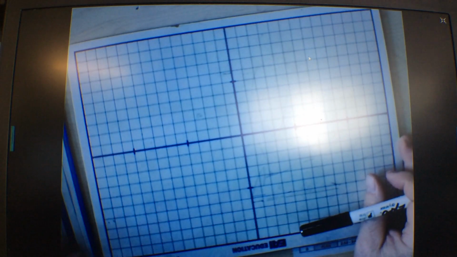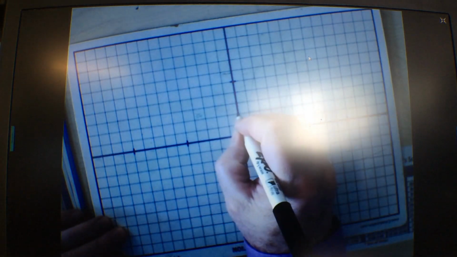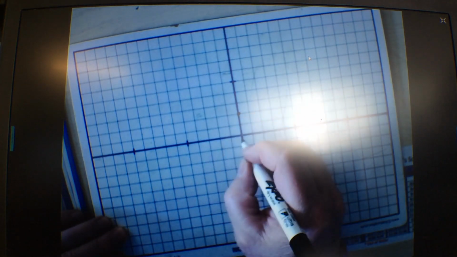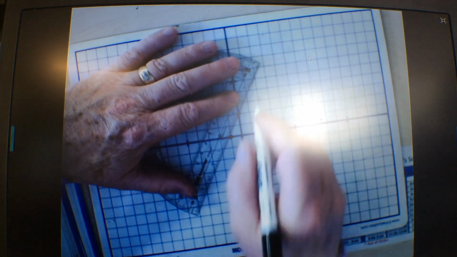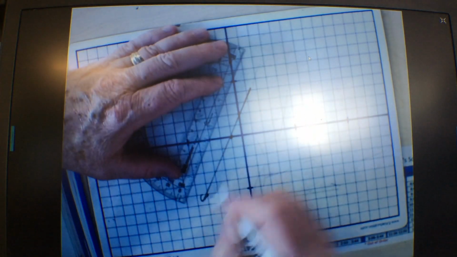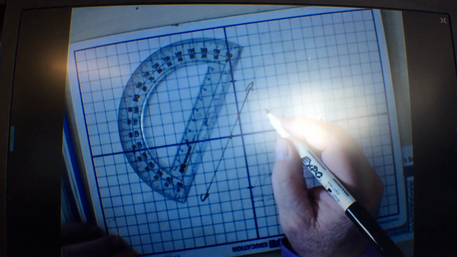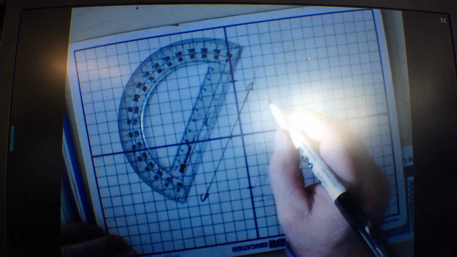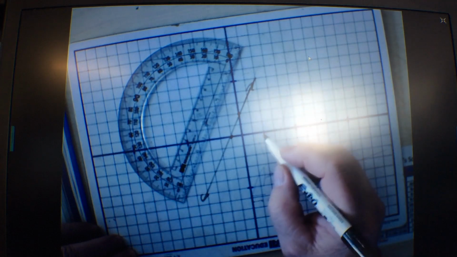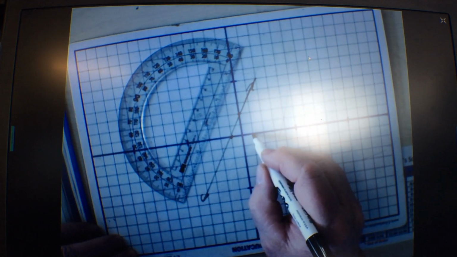All right, let's take a look here. Let me show you. Let's see that function right there. It was like this, right? And like this. I'll try to do this as quickly as I can. And the other one looked like this.